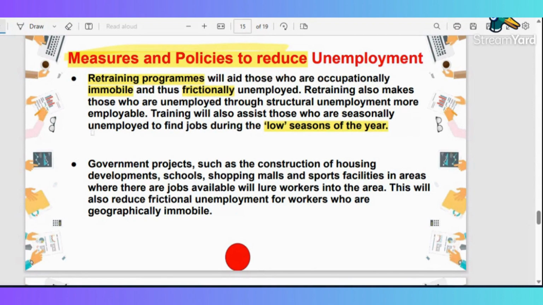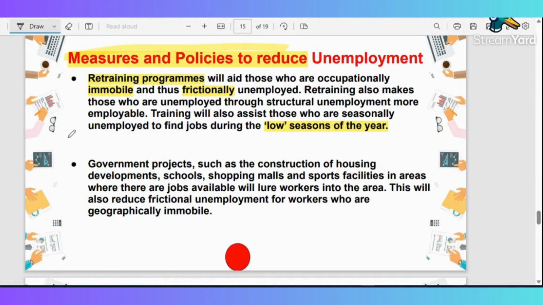Now, also government projects such as construction of houses, housing development, schools, shopping malls, shopping centers, sport facilities, etc. in areas where there are jobs available will lure workers into the area. Because wherever the work is, people go there because they're searching for a job. This will also reduce frictional unemployment for workers who are geographically immobile.